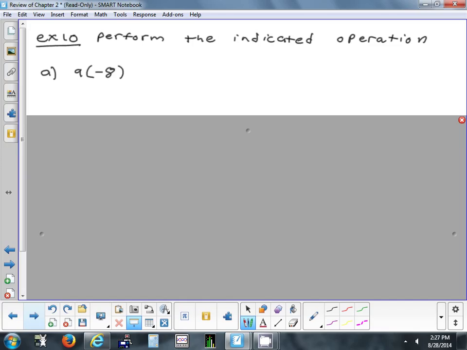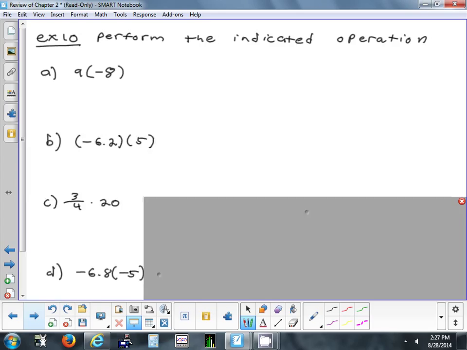What's the last case? Negative times negative. What's that? Positive. Negative times negative is a positive. Okay. So we're going to write those rules down.